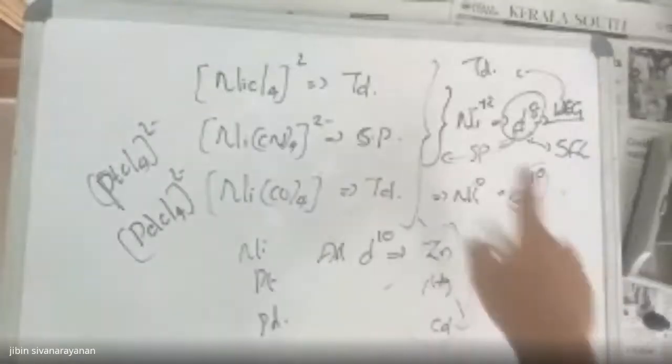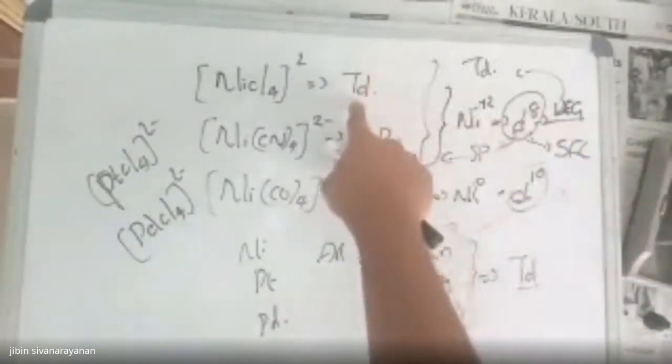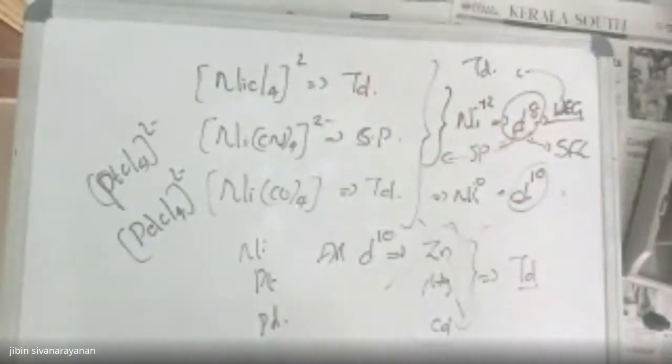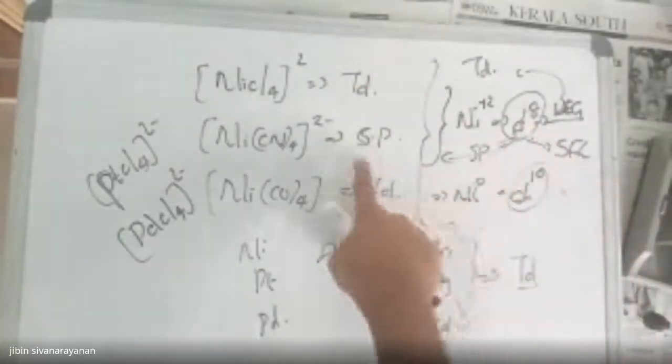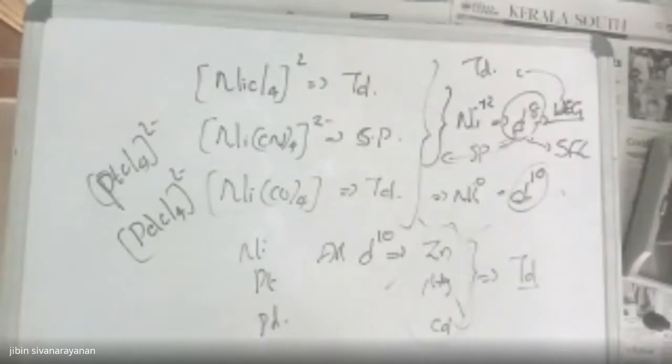Because it has D8 configuration with weak ligand. What? D8 configuration with a strong field ligand only forms square planar complexes. The chlorine has weak field, right? Is there any change in your answer now?